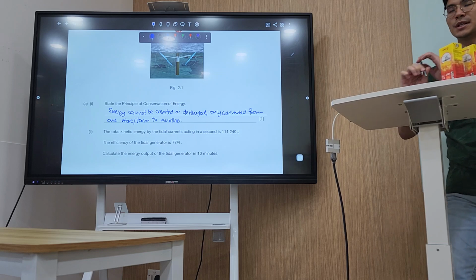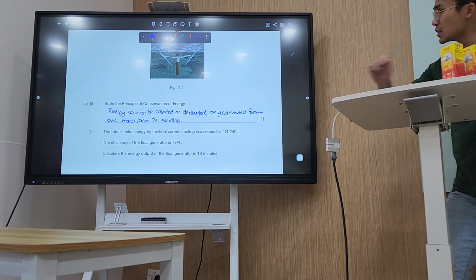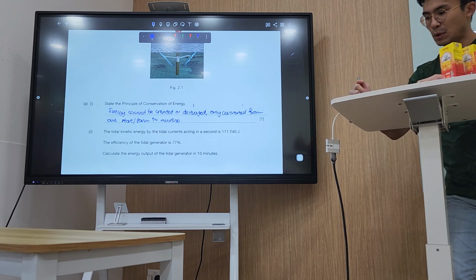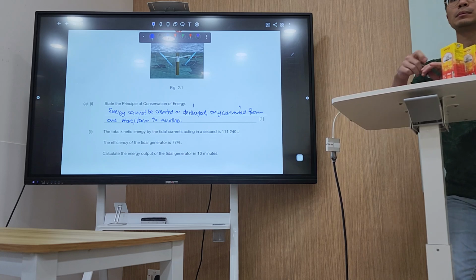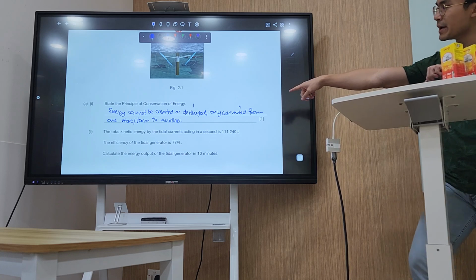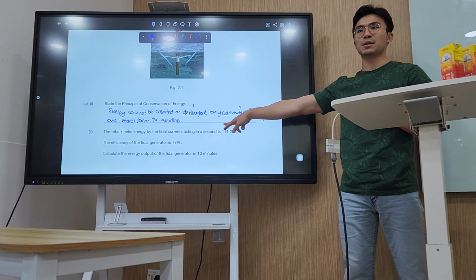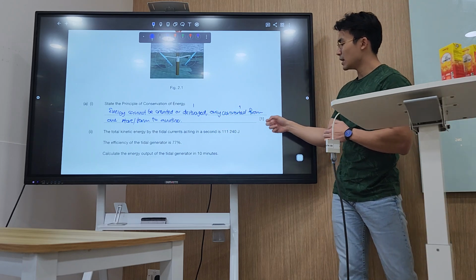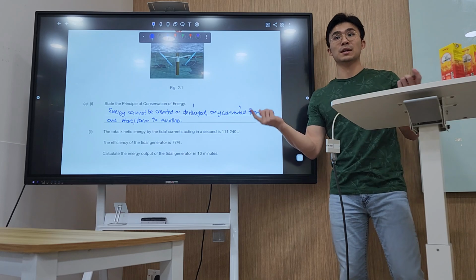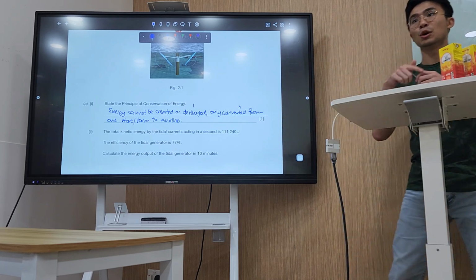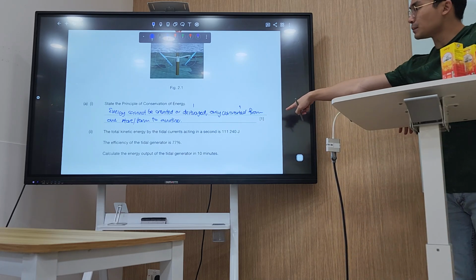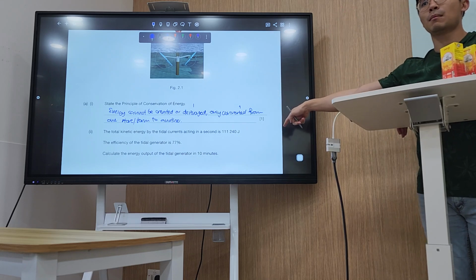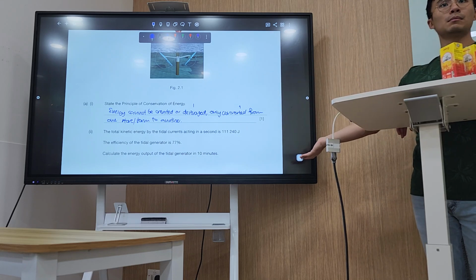Okay, the actual definition has 3 parts. This one has 2. One mark here and one point here and one point here. Okay, the last statement actually should say total energy within an isolated system remains constant. Remember? Okay, but it's a 1 mark question. Don't waste your effort. So rule of thumb, guys. 1 mark, we write this. 2 marks, we include the last part. Okay?